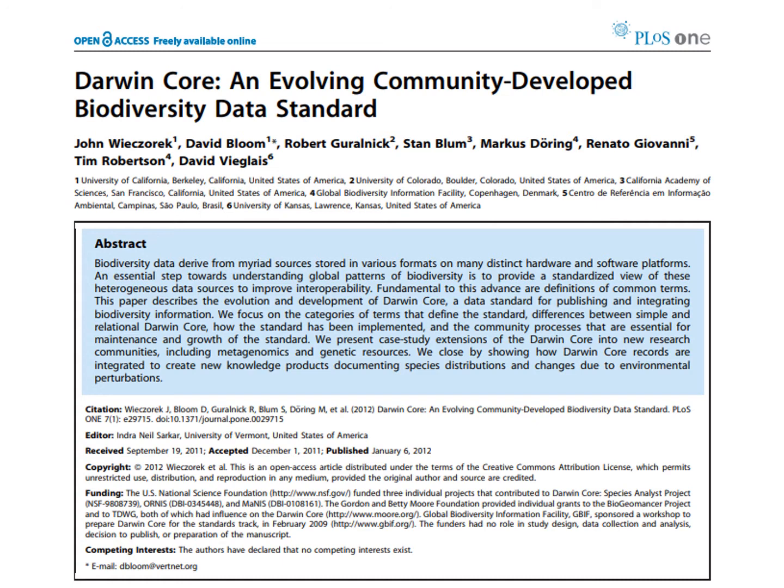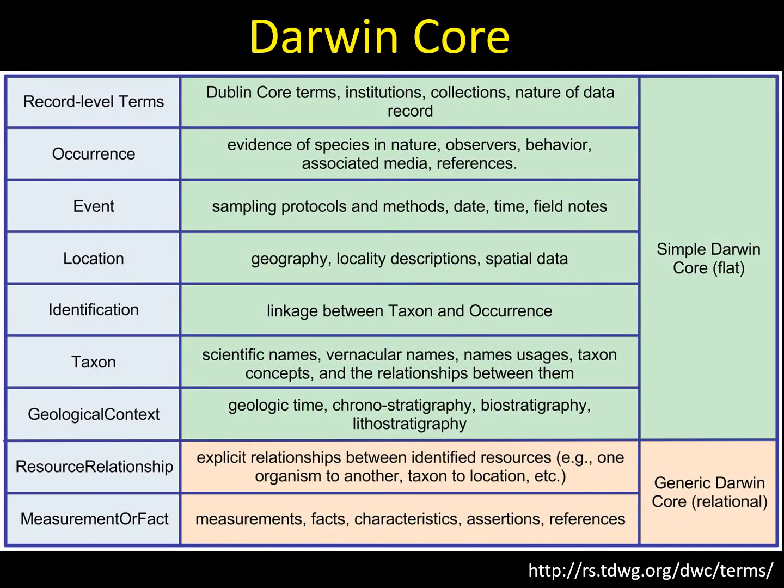That system is known as Darwin Core, a standard developed by the biodiversity informatics community, especially through the auspices of the Taxonomic Databases Working Group, or TDWG. Darwin Core includes subsets of terms to deal with the place and time that a particular organism was recorded, physical attributes of the specimen and the institution it is archived in, and its place in the taxonomic hierarchy.